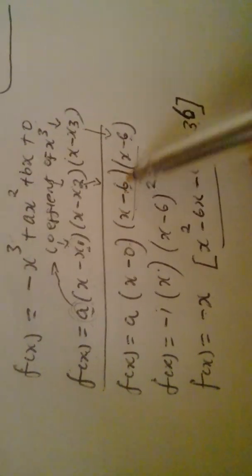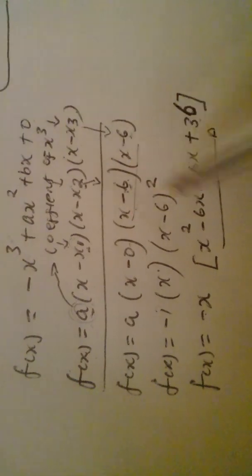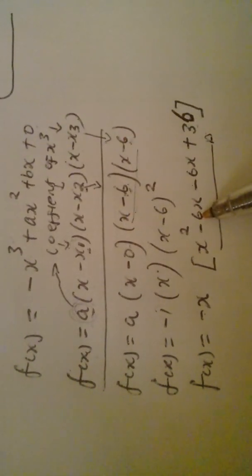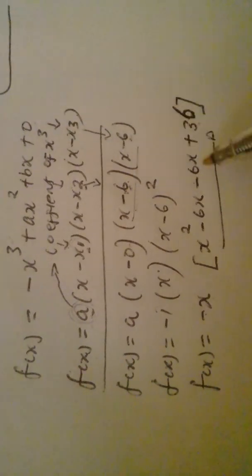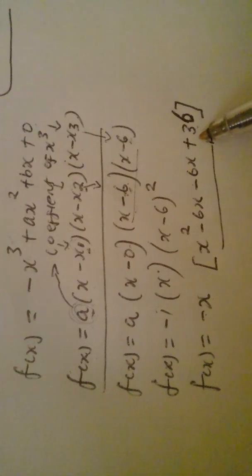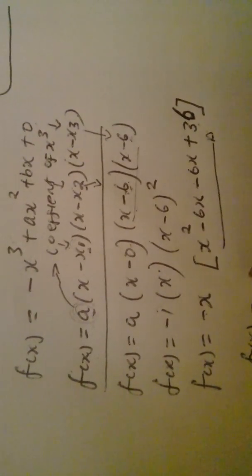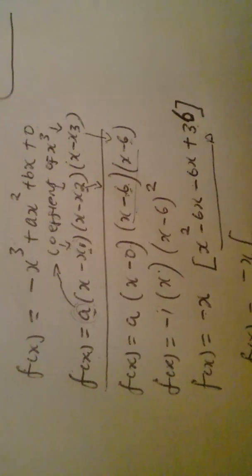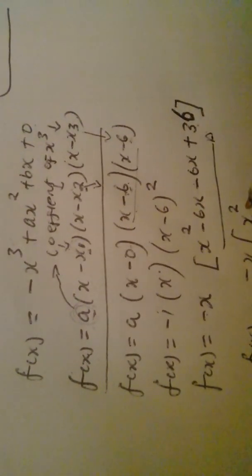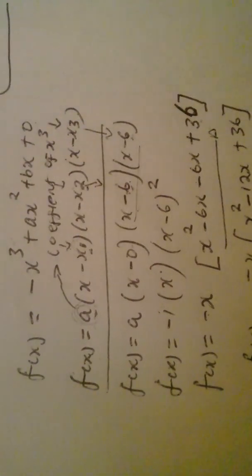So x minus 6 in brackets times x minus 6 is x times x, x squared. x times minus 6, minus 6x, minus 6 times x, minus 6x, minus 6 times minus 6, positive 36. So f of x equals negative x. Let me group like terms: x squared, negative 6x, negative 6x, negative 12x plus 36.